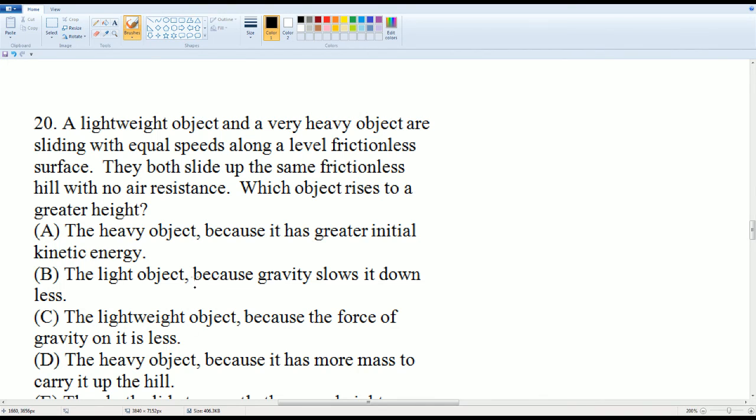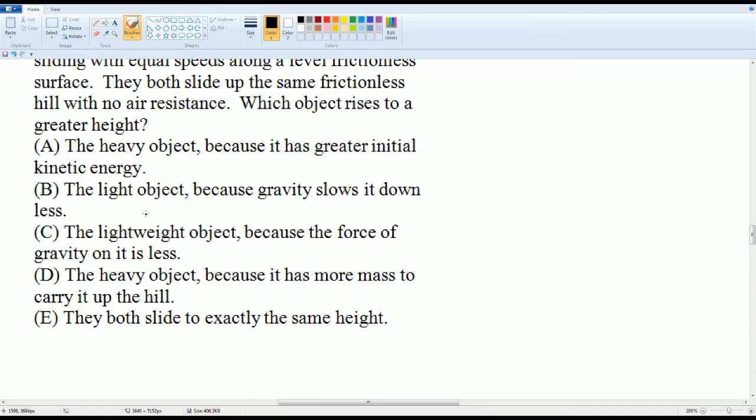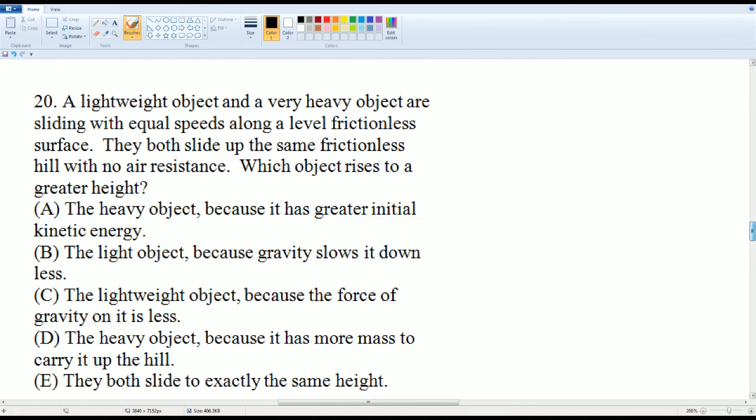A lightweight object and a very heavy object are sliding with equal speed along a frictionless surface. They both slide up a hill. Which object rises to a greater height? Hold on, let's read this more carefully. A lightweight object and a heavy object are sliding with an equal speed along a level frictionless surface.